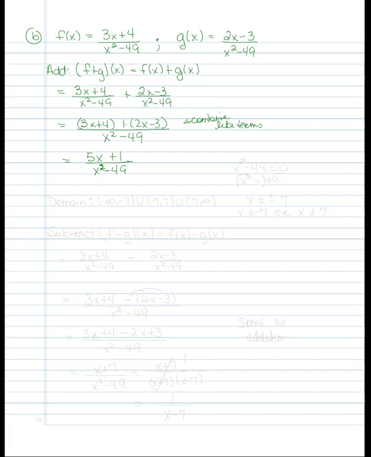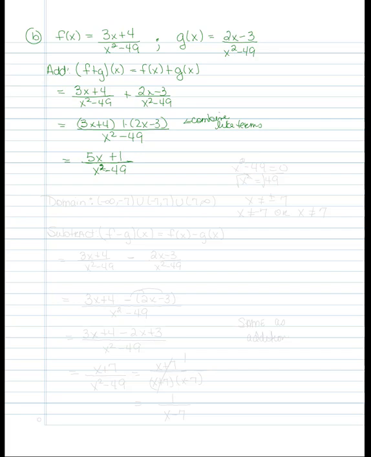Now, if 5x plus 1 could be factored, we will factor it. The denominator, x squared minus 49, you can factor it or we can keep it as this. We don't have anything to divide out. So all we can do here is just combine the terms in our numerator.